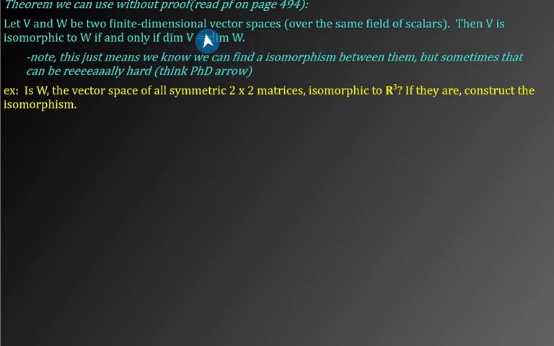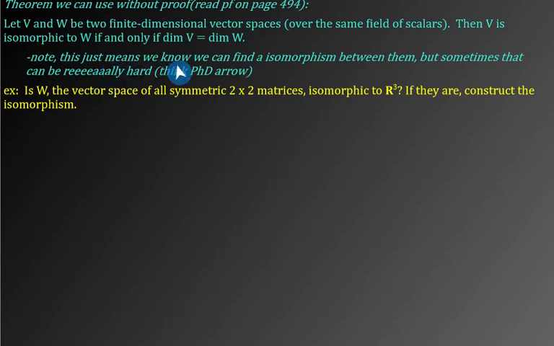So this is honestly a lot of times pretty easy to figure out. If you can determine that two spaces have the same dimension, then you get isomorphic for free, okay? But this does not say anything about what the isomorphism is.